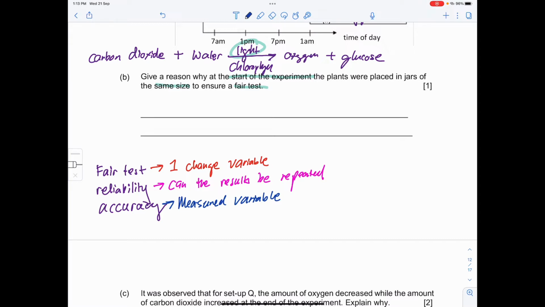Next, accuracy. So accuracy, we are talking about measurement. Measured variable. So for example, let's just say I want to measure one end of the classroom to the other end of the classroom. I'm actually measuring the length. So there are different things that I can use.